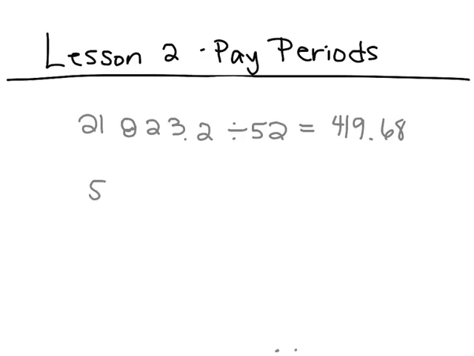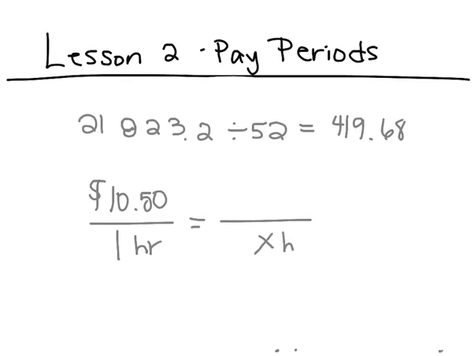And we know she makes $10.50 for 1 hour. In a week, we do not know how many hours she works, so we put in X for hours. We do, however, know how much she makes in a week, which is $419.68.